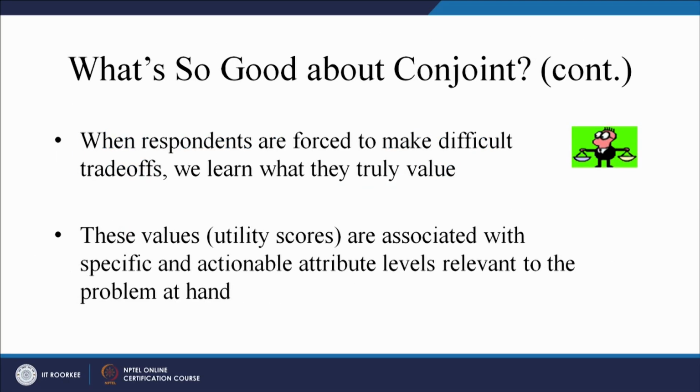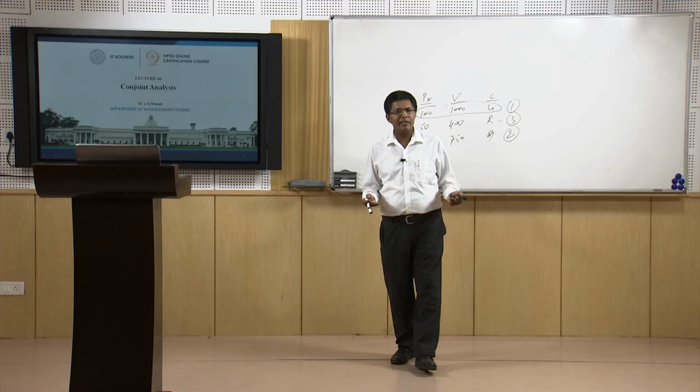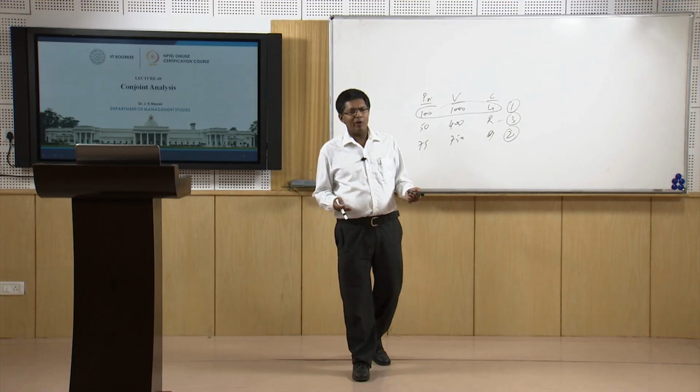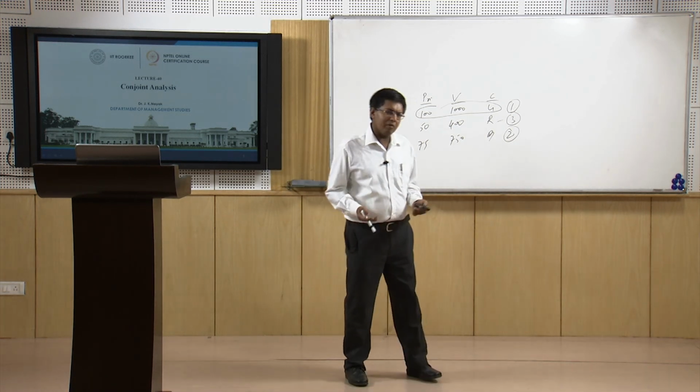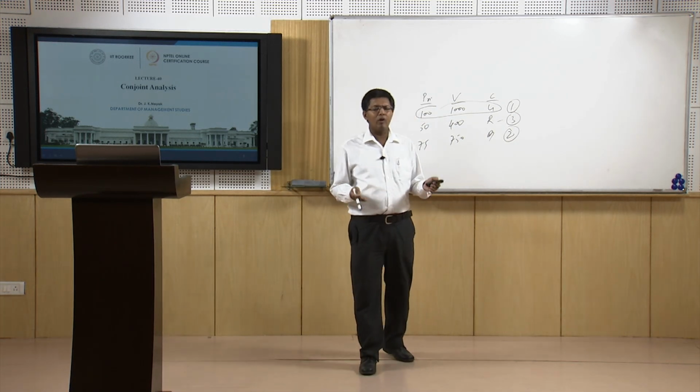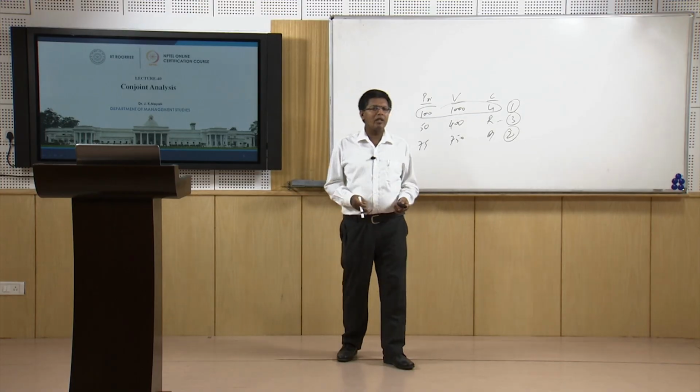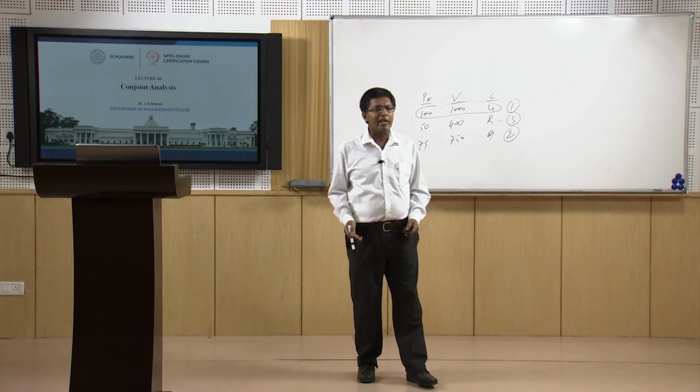Okay. When respondents are forced to make difficult trade-offs, when you are not given an option and you are asked to make a choice, there you have to make real difficulties in life, right. Do you want to watch a movie or do you want to play a game of cricket? You cannot do both, because you will only be given one choice, because the rest of the time the student has to study, for example.